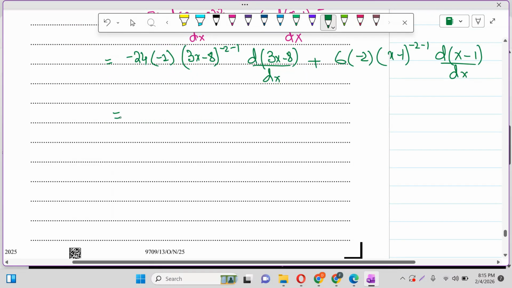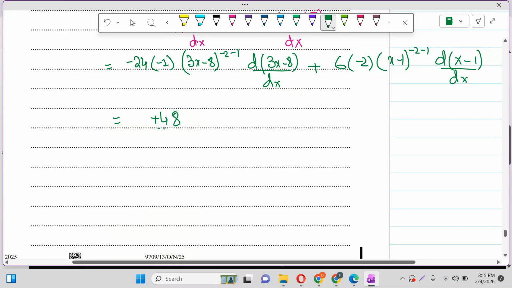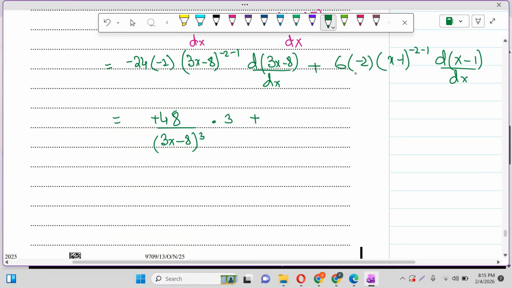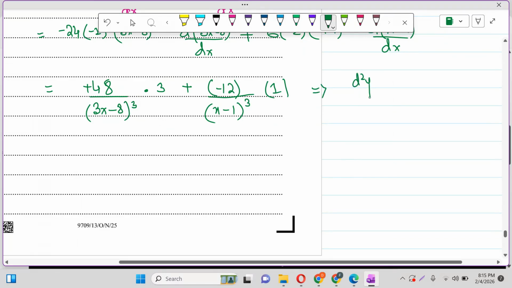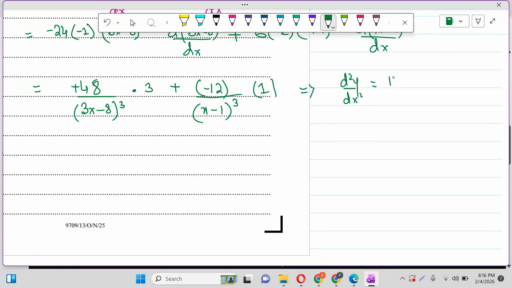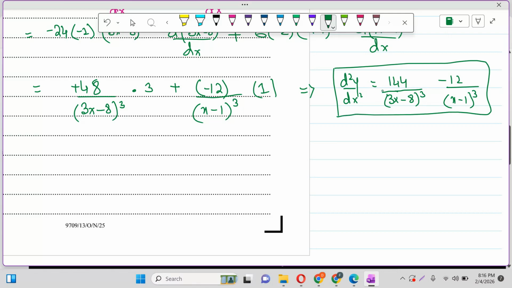So this one is equal to positive 48 over (3x minus 8) whole cube, and the derivative of 3x minus 8 is 3, plus 6 times negative 2, which is negative 12 over (x minus 1) whole cube, and the derivative of x minus 1 is 1. So the second derivative is equal to 144 over (3x minus 8) whole cube minus 12 over (x minus 1) whole cube.